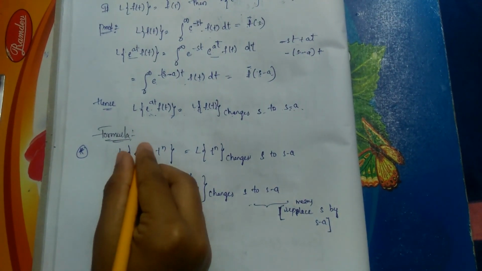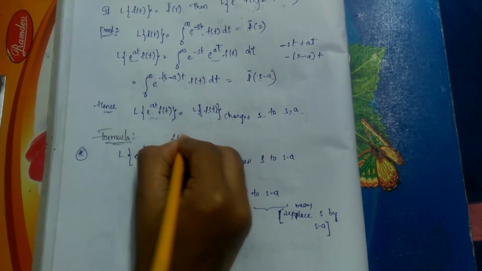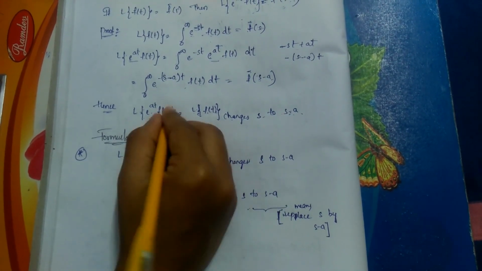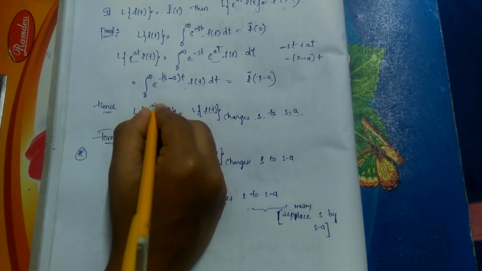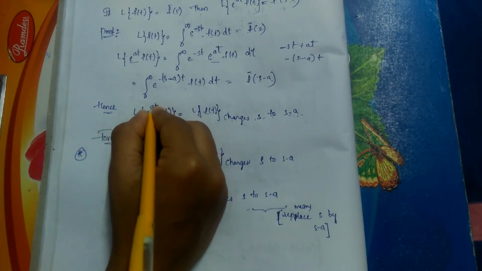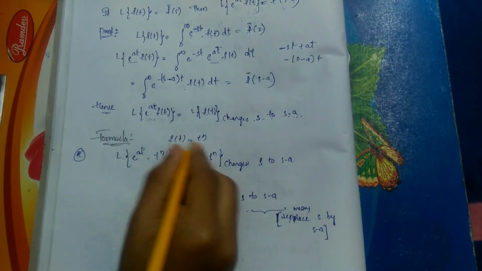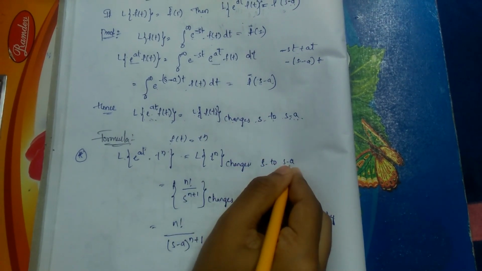Let's see a few of the formulas here. Laplace transform of e^(at) into t^n. For example, here f(t) is equal to t^n, and this is multiplied with e^(at). So here s changes to s minus a, where a is nothing but the coefficient of t, the constant. So that equals the Laplace transform of f(t), that is t^n, with s changed to s minus a.